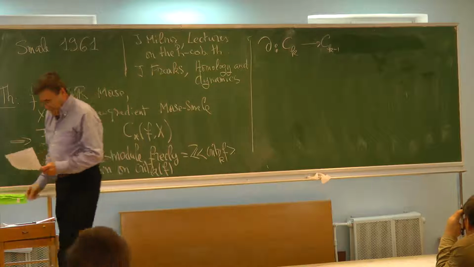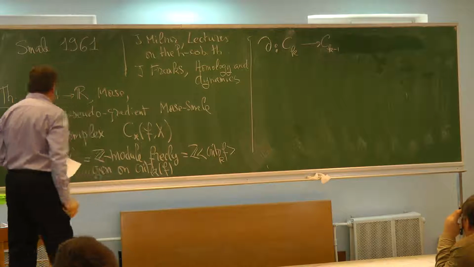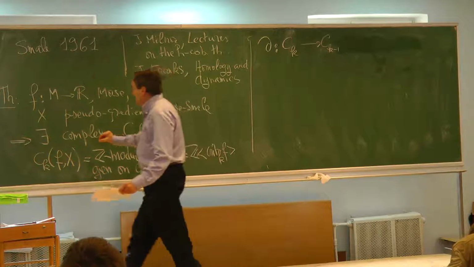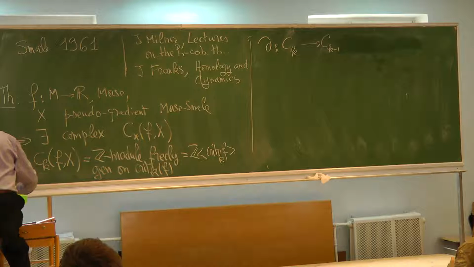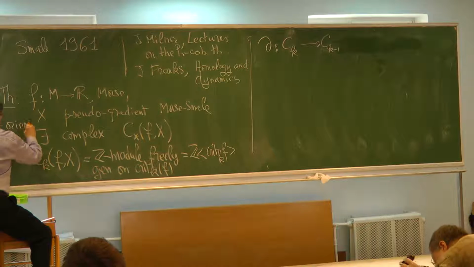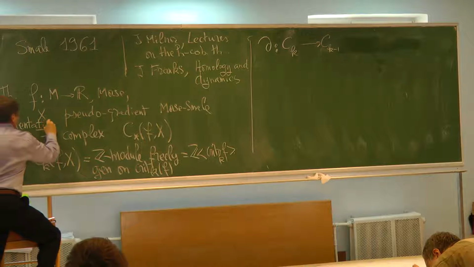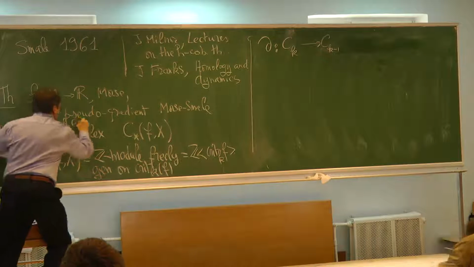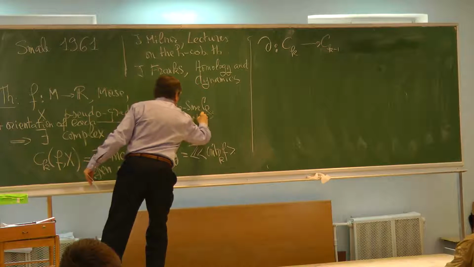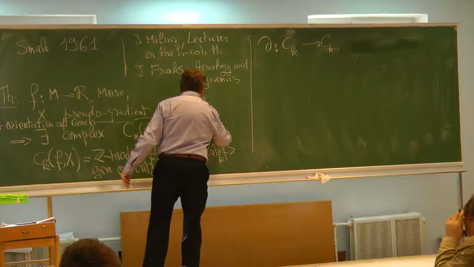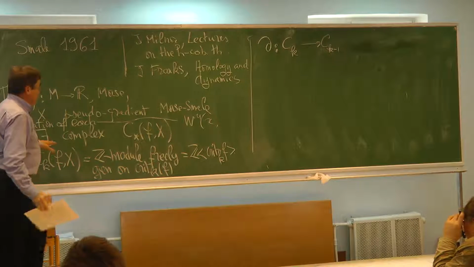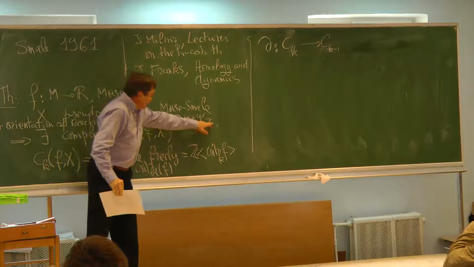Sorry, I forgot to say that you have to choose an orientation of each unstable manifold. Now, because I forget the rest of the manifold, I use the letter x for a critical point.